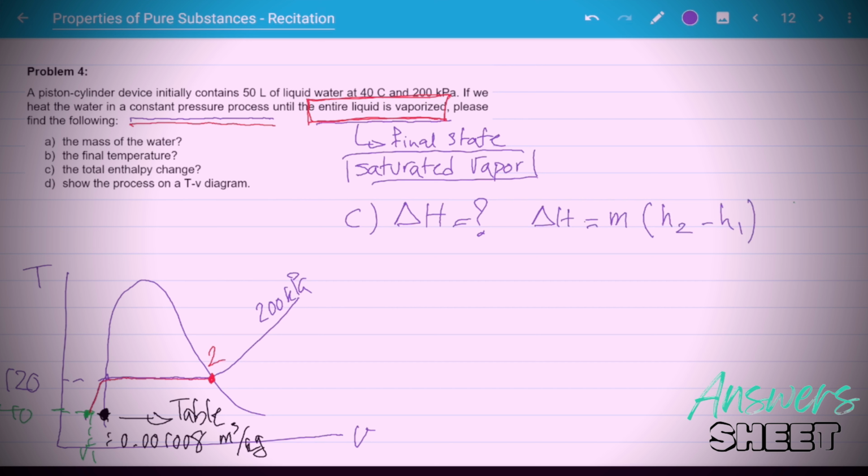Now, we need to find the values of h2 and h1. h2 is the enthalpy of the final state. Now, we already know that the final state is saturated vapor. So check the table and find the value of saturated vapor at P equals 200 kilopascals.